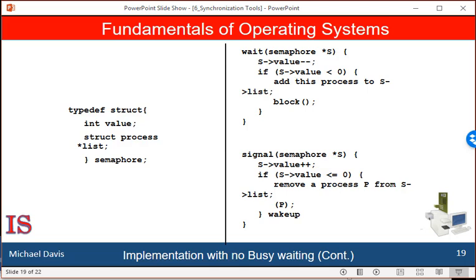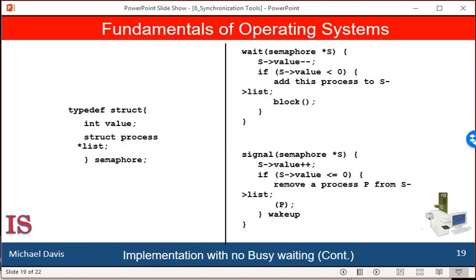The suspend operation places a process into a wait queue associated with the semaphore, and the state of the process is switched to the wait state. Then control is transferred to the CPU scheduler, which selects another process to execute. Remember our discussions about the process manager moving processes from ready to wait and back?